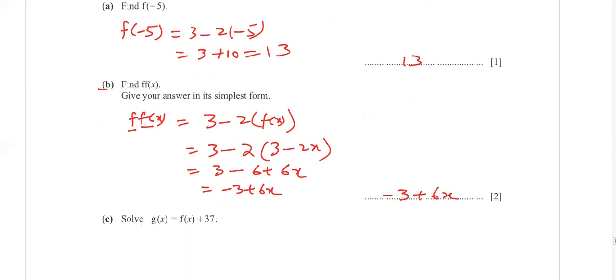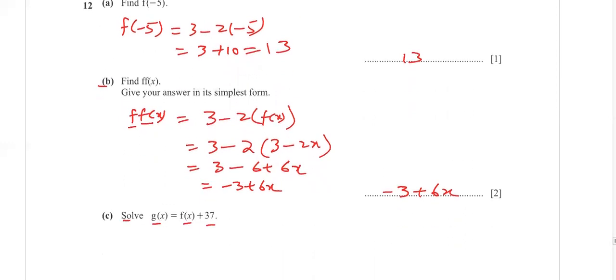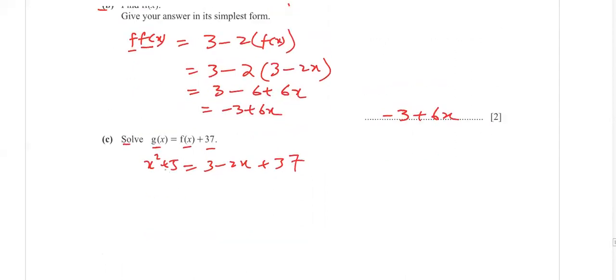And then it has been asked to solve g of x equal to f of x plus 37. Now what is g of x? g of x is given here, x square plus 5. So write x square plus 5 equal to f of x. f of x is given, 3 minus 2x, plus 37. Rearrange, it will make a quadratic equation. So let's rearrange it.